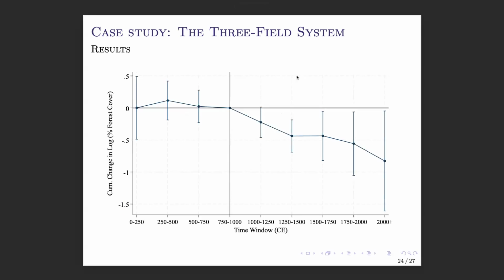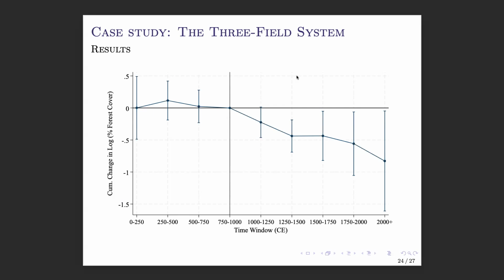So this is a similar picture to the one I showed you before for the three-field analysis. Again, I'm plotting calendar time, so there's no differential timing here. Mostly the adoption of the three-field system happens around the year 1000 CE, in the places where it happens.